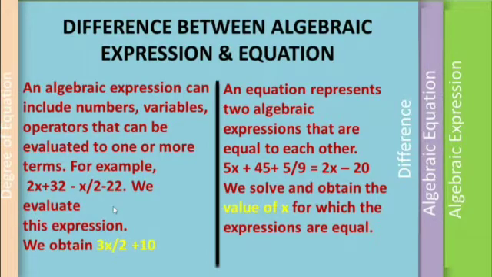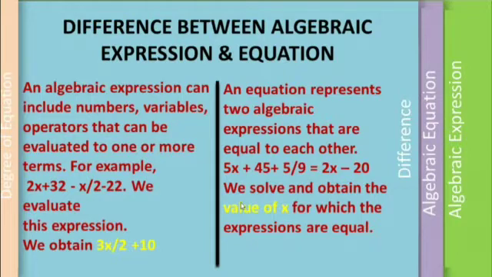Now, on the other hand, the term equation means a statement of equality. It's a sentence in which two expressions are placed equal to one another. In order to satisfy an equation, it is important to determine the value of the variable concerned. This is known as the solution or root of the equation. Here we have the equation 5x plus 45 plus 5 by 9 equals 2x minus 20.